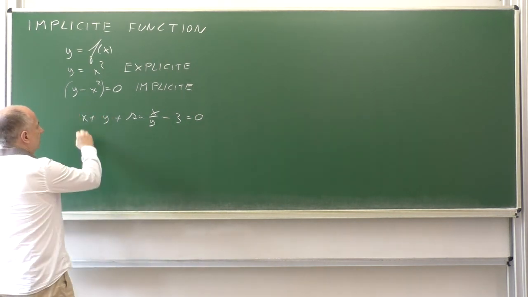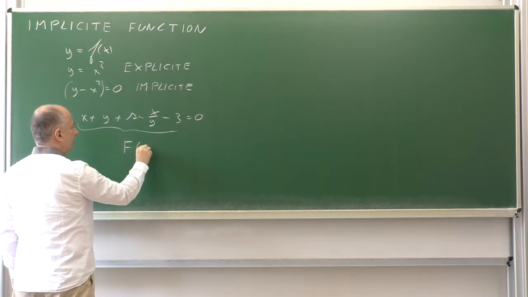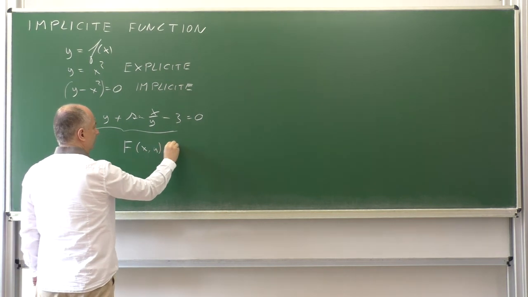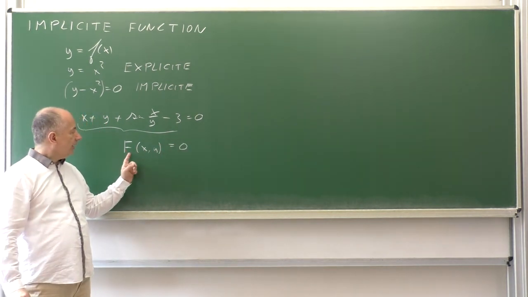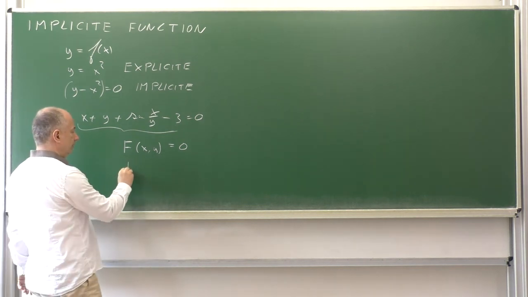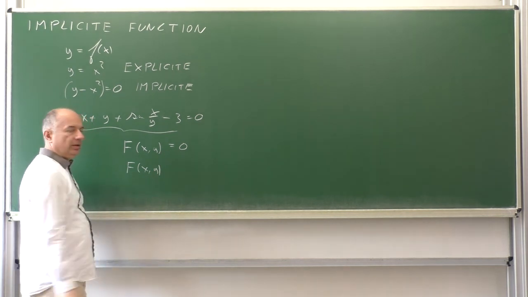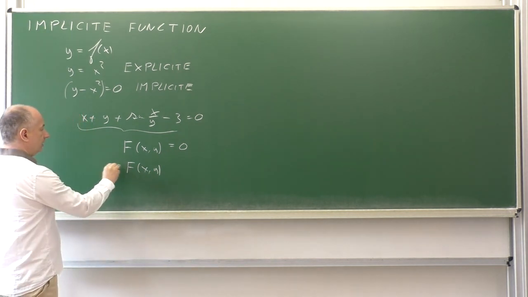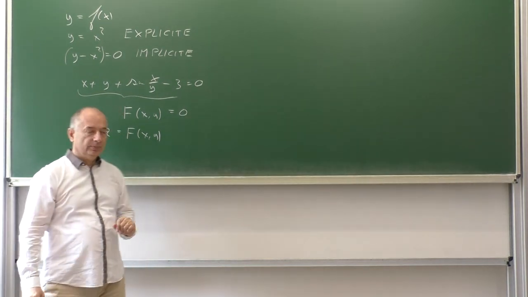So in general, we can have some expression here, and let's call it capital F of x and y. If we look at the function F(x,y) alone, without equals 0, we can call it a function of two variables.